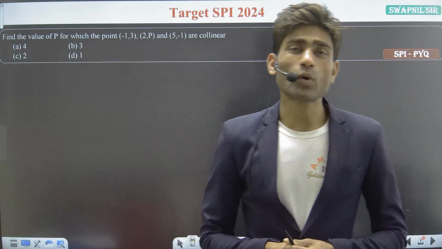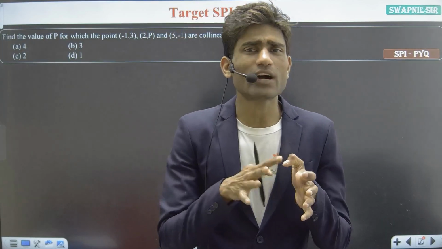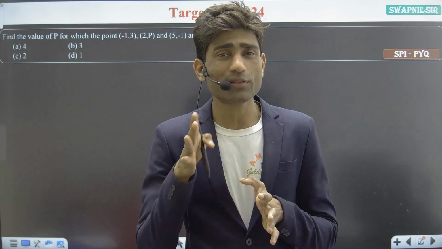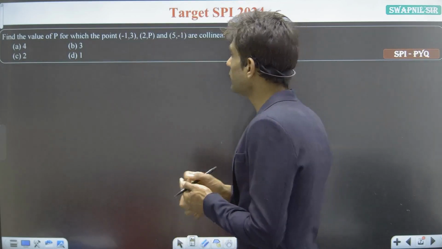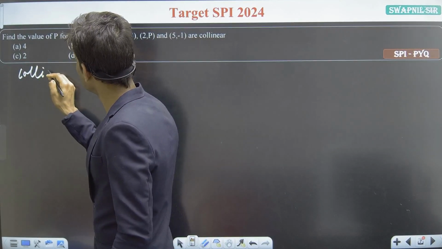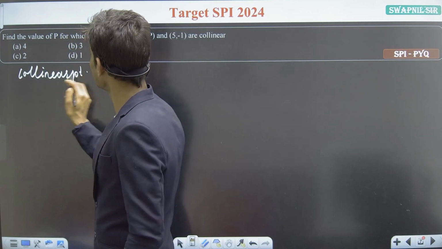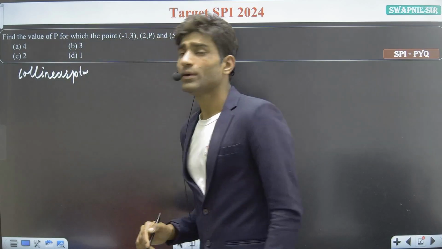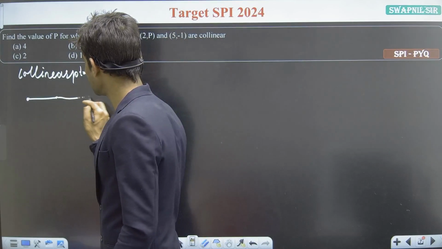understand the meaning of a collinear point. What is actually meant by a collinear point? Let me explain first. When we consider 3 points as collinear, this one is the first, this one is the second and this is the third point.